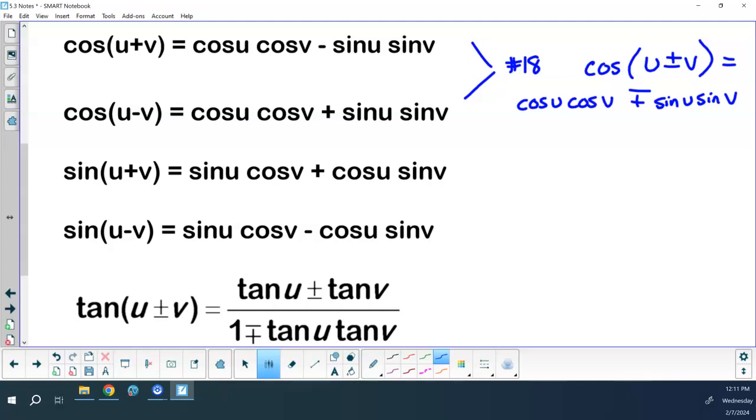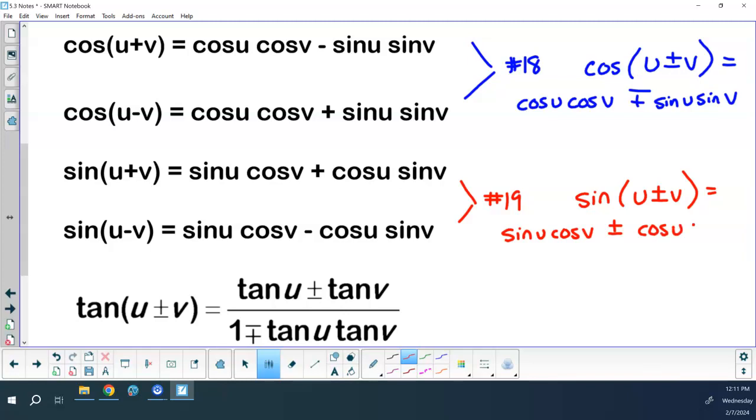On sine, we combine those into number 19, and that would be the sine of u plus or minus v is equal to the sine of u cosine of v plus or minus cosine of u sine of v.